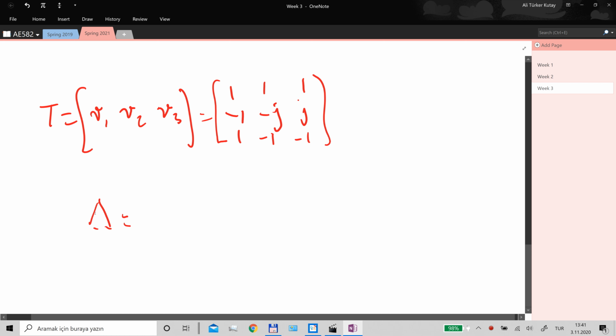And if you insert this into this expression, let me make sure that I write it correctly. It's going to be T inverse times A times T, and it will be a diagonal form, but unfortunately it will contain these complex terms on the diagonal.